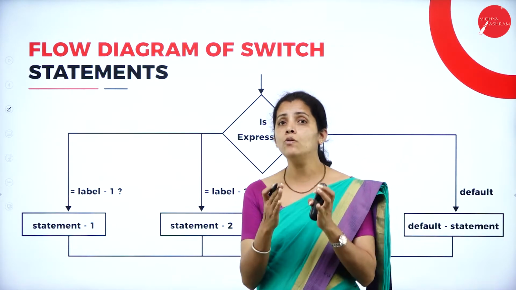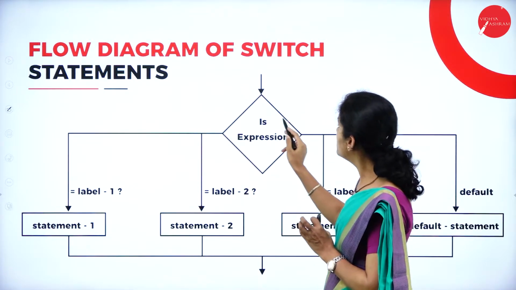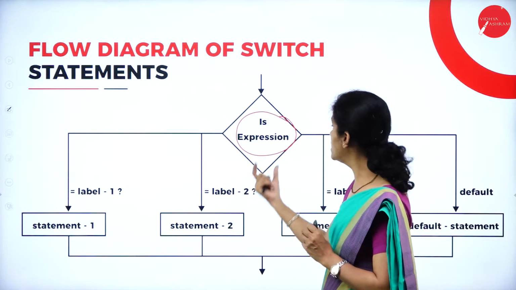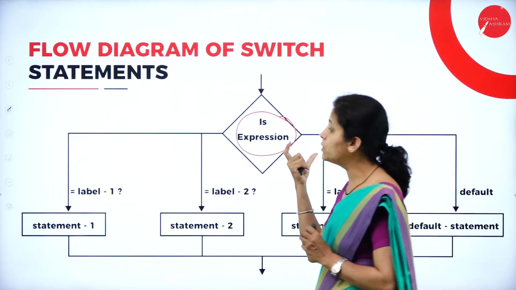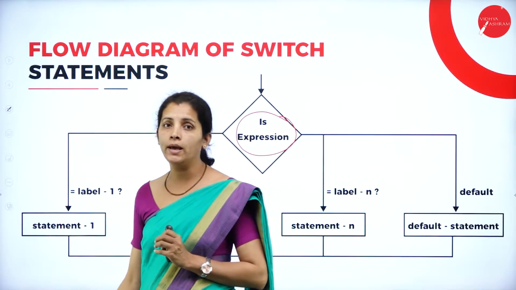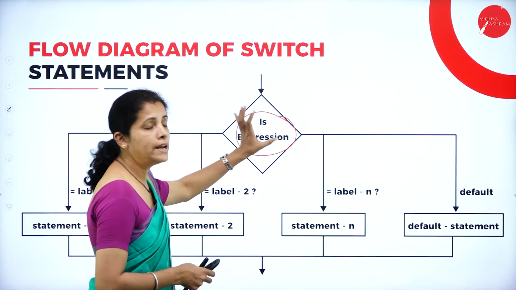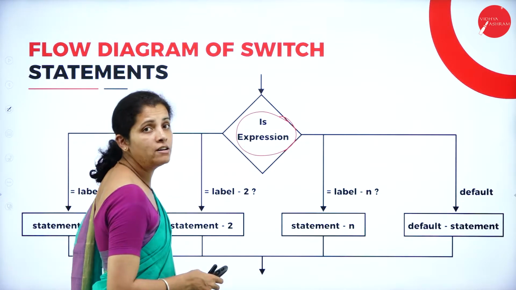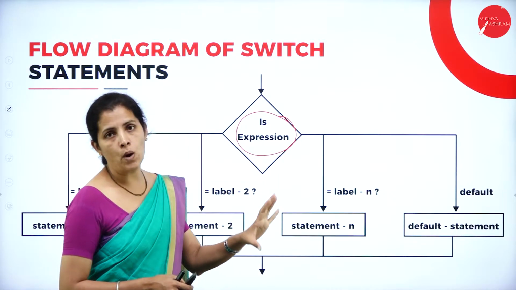That means how this switch statement is going to work. At the beginning, I'm going to have an expression, and I'm going to have the cases along with labels. If the given expression matches the first label, then I'm going to execute statement 1.